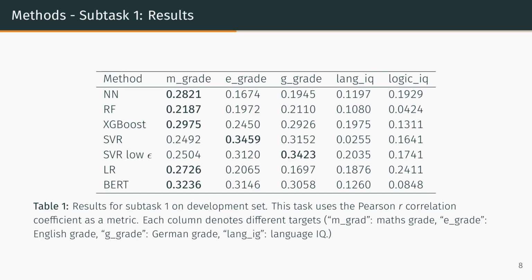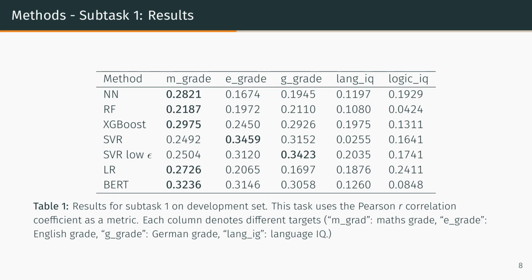This table shows the Pearson results for all of our models on all different available targets. And as you can see, there's no specific target performing well on all models. At this time, we didn't combine the different grades.